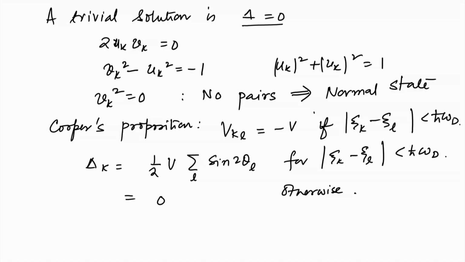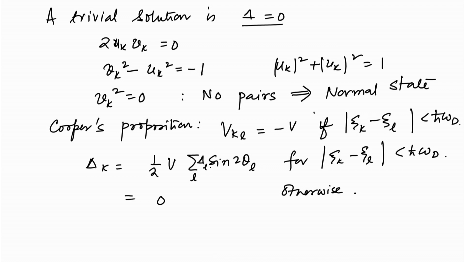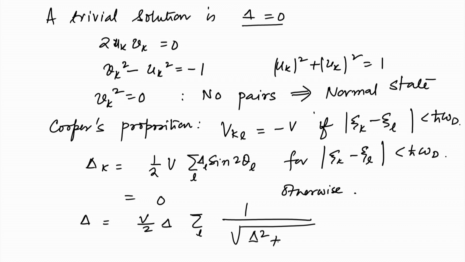So, then we have delta L which has to be put here. So, if it is a sum over all L, delta loses the k dependence. It is just a number and has no k dependence. So, we can write this as delta equal to V by 2 delta sum over L 1 divided by root over delta square plus xi L square, and we can cancel delta from both sides.